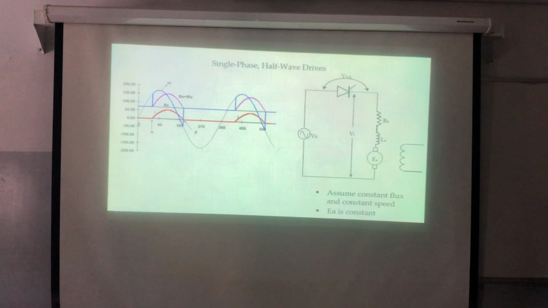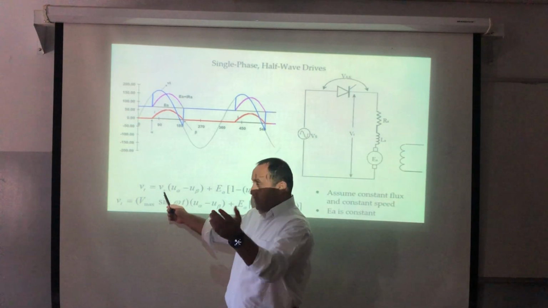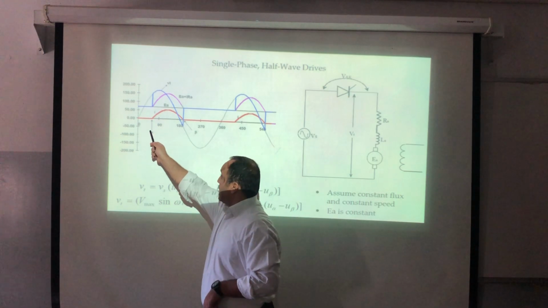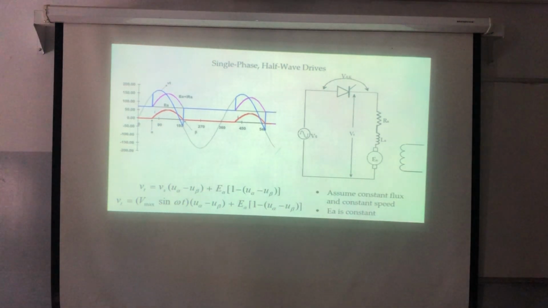So if I need to represent the voltage, so the V terminal here will equal to what? The first one, it will equal to V supply when between alpha and beta. Yeah? And remember, I'm using the step function, which is U of alpha.